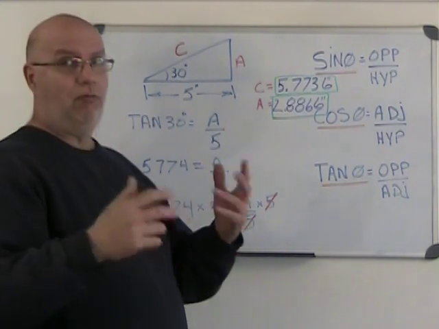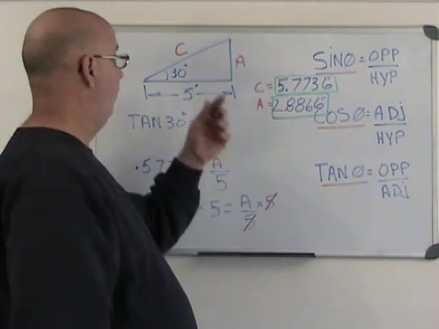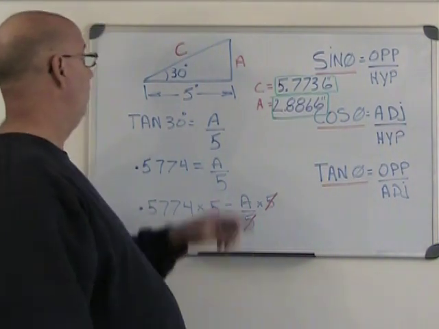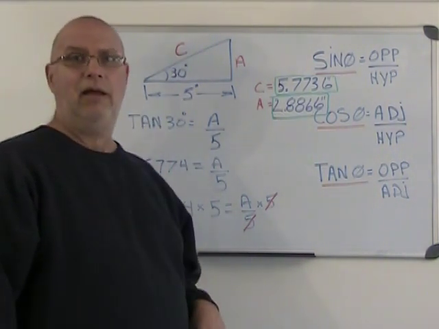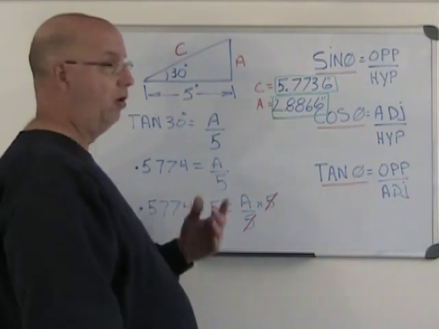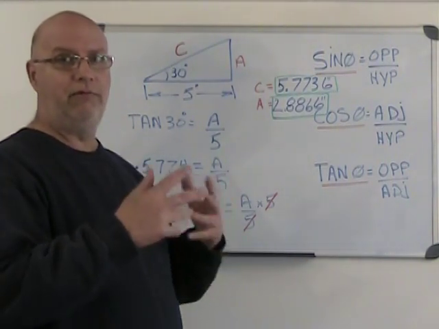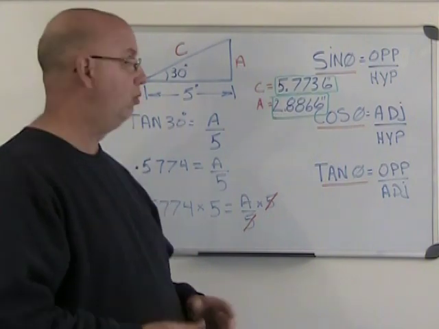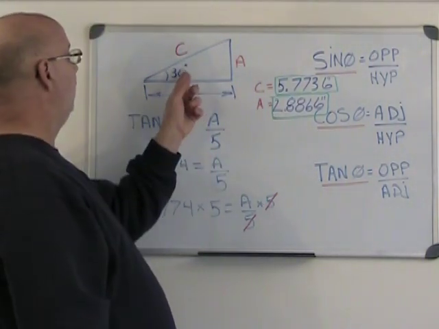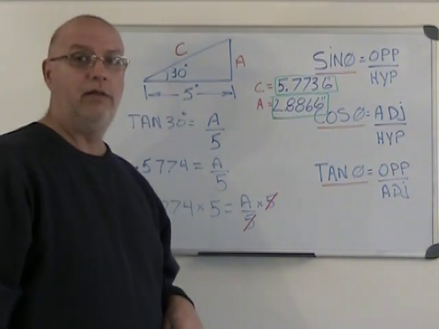Now, we have one last thing to resolve on this triangle that we don't know. It's the only one we don't know, and that's the angle up here. Now, we can do an inverse function to find it, or we can just use our sum of 3 angles in a triangle rule to figure it out. I know this corner is 90. I know this corner is 30.